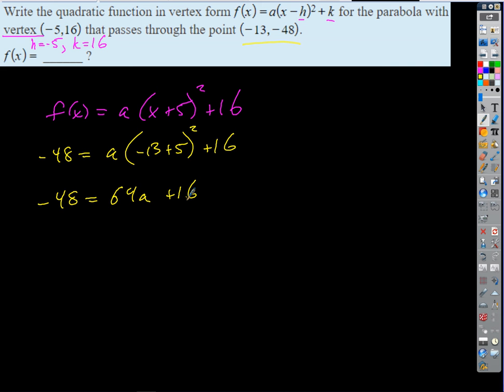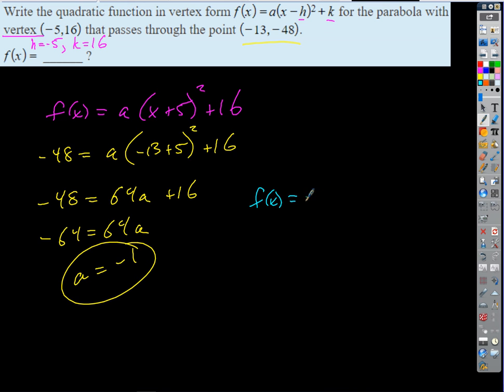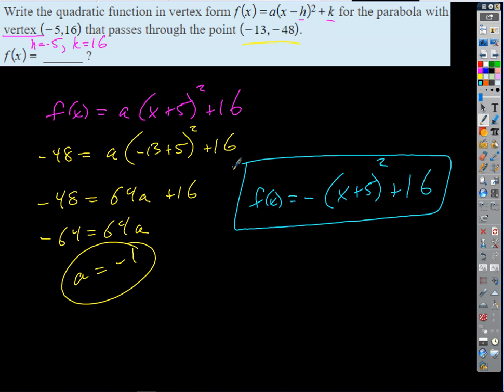If I subtract 16 from both sides, I get what? -64 equals 64a. So I got a, I've got h, I've got k. So there's my answer. Okay?